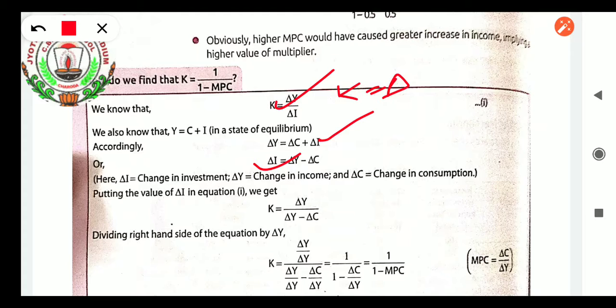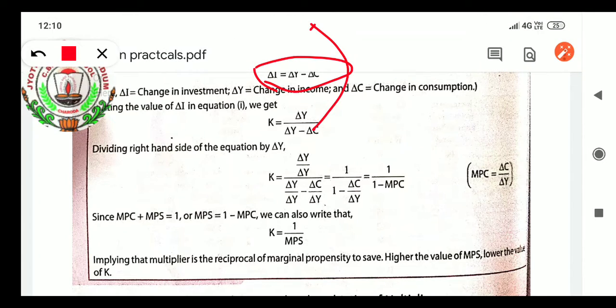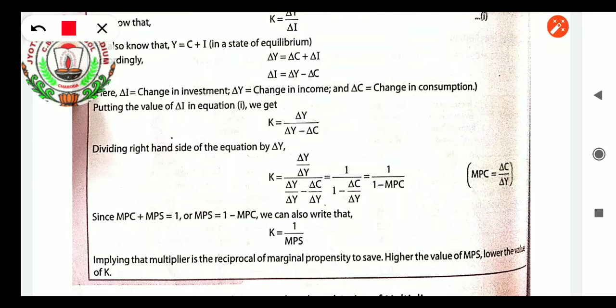What will we be getting? Dividing the right hand side of the equation by delta Y, we take k equals delta Y upon delta I. Here in place of delta I, we substitute this formula, delta Y minus delta C, and delta Y stays the same. Dividing the right hand side by change in Y: first delta Y upon delta Y, what will the answer be? 1.